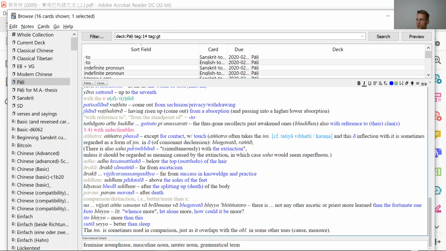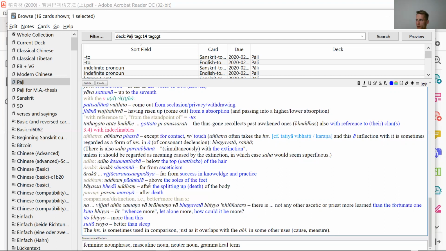And even with indeclinables, anyatra passa, except for contact without touch. Ado kesamattaka, below the top of the hair, adaka samanya, far from asceticism, adaka vichacharana sampadaya, far from success in knowledge and practice, knowledge vicha, and practice charana.